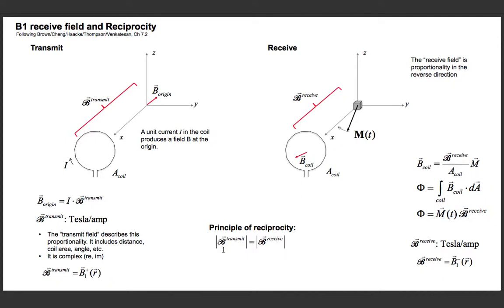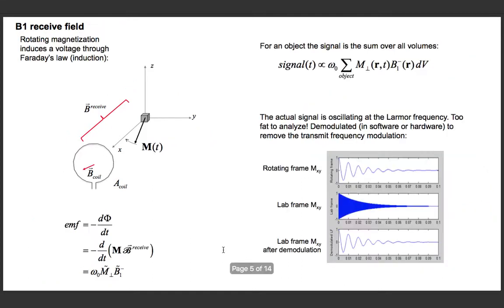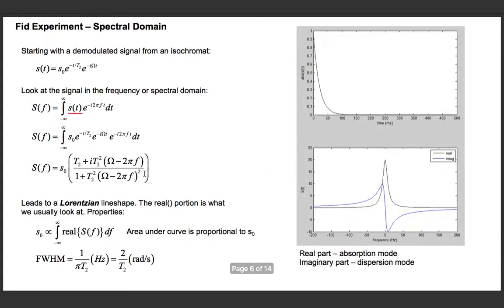And we'll talk about that more certainly in the high field hardware section later in the course. So that's what I was going for here, in going to the derivation of the signal equation. If you look at this updated B receive here, and now this notation just means it's a complex vector for B1, then these equations should make a little more sense. So that was all just going backward a little bit.